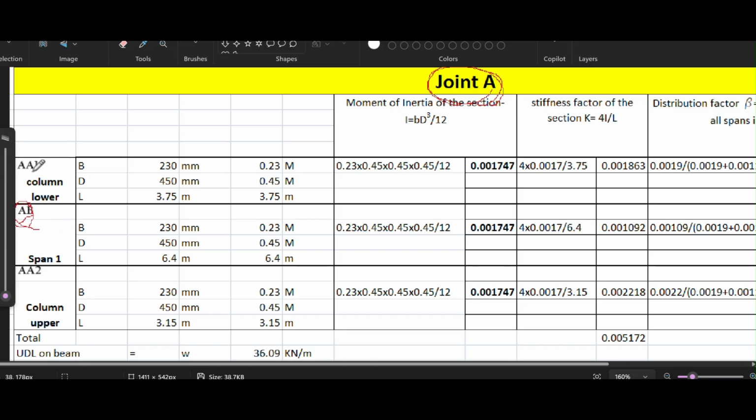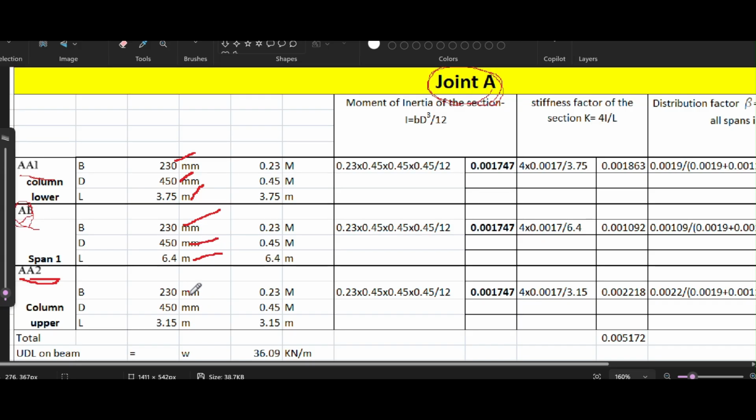A1 is the column of the ground floor, A2 is the column of the first floor. These are the measurements of the column size: 230 mm column width, 450 mm column depth, and the length of the column is 3.75. That's the beam: beam width, beam depth, beam length or span.